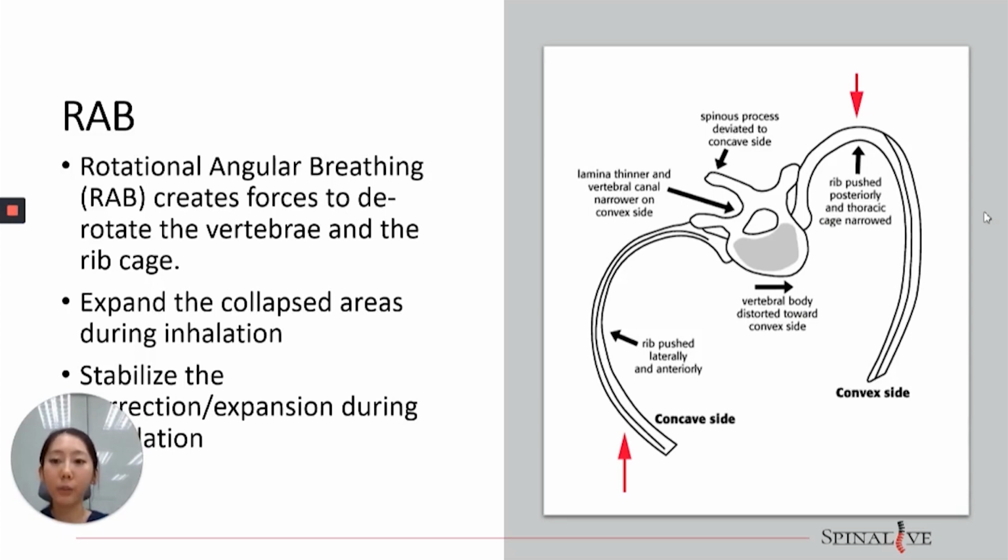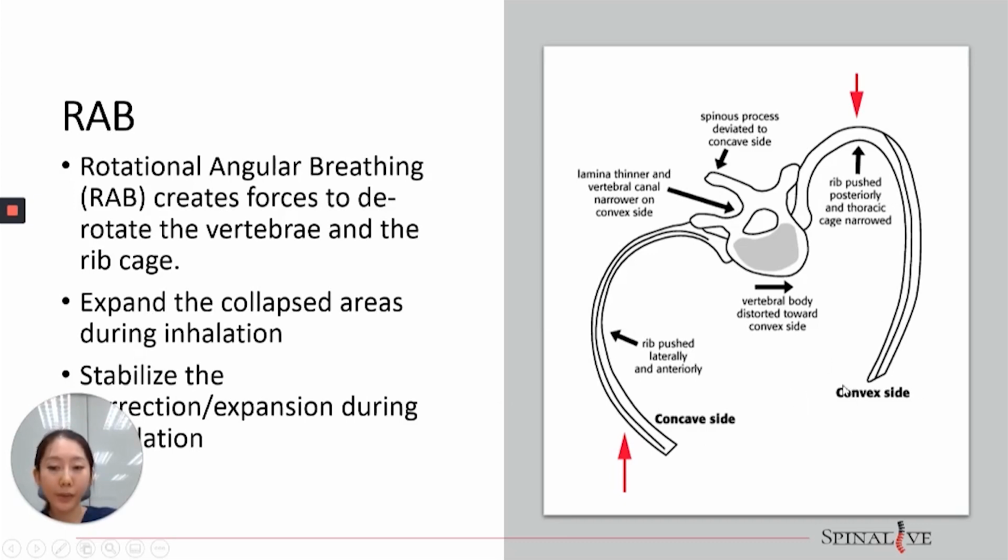It creates a force to derotate the vertebra and also to reduce the appearance of the hump. It helps to expand the collapsed areas during inhalation and stabilize the curvature as well. You do see there's one concave side and the other would be the convex side.